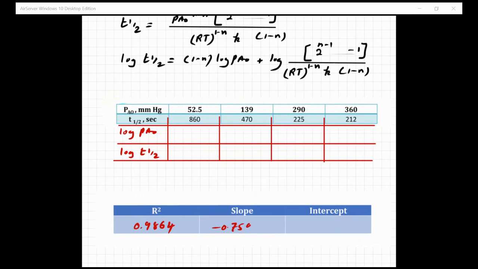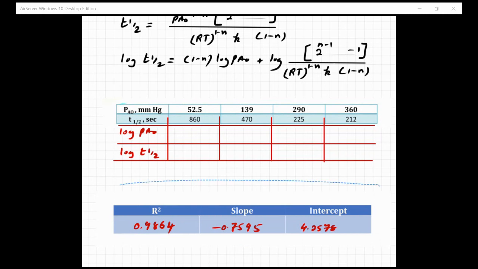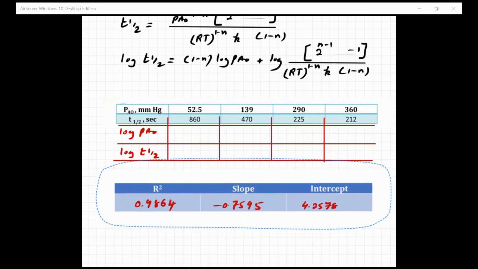And the intercept I got as 4.2578, more or less, it doesn't matter. So these are the values. Of course, you have to calculate so as to be able to get the values of the linear regression.